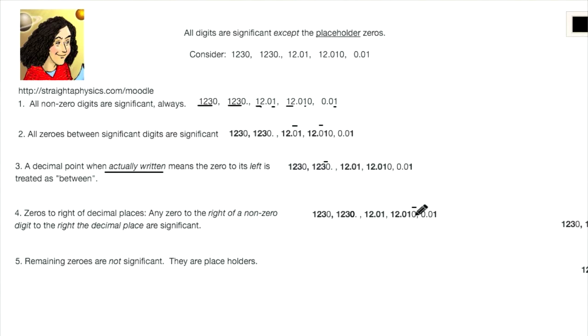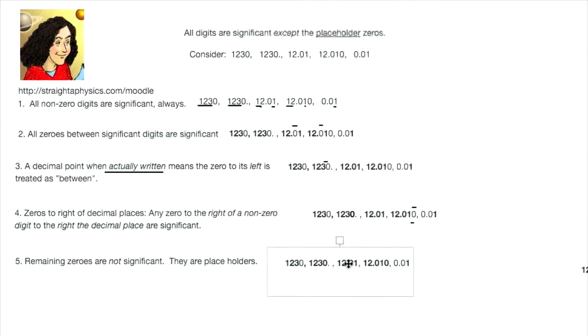So this one is to the right of 1, which is not 0. So this one has become significant. This 0 is to the right of the decimal place, but it's not to the right of any non-zero significant figure. So this one does not become significant by that rule.